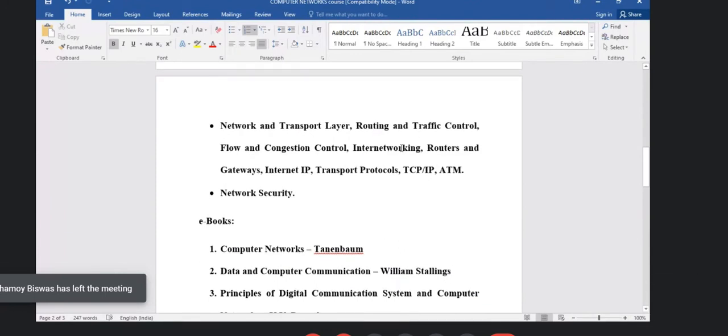Then we have internetworking. That means how could we connect the computers in a local area network and in a wide area network. So this whole network is known as the internet. So how could we transmit the data in those cases? That will fall under internetworking.